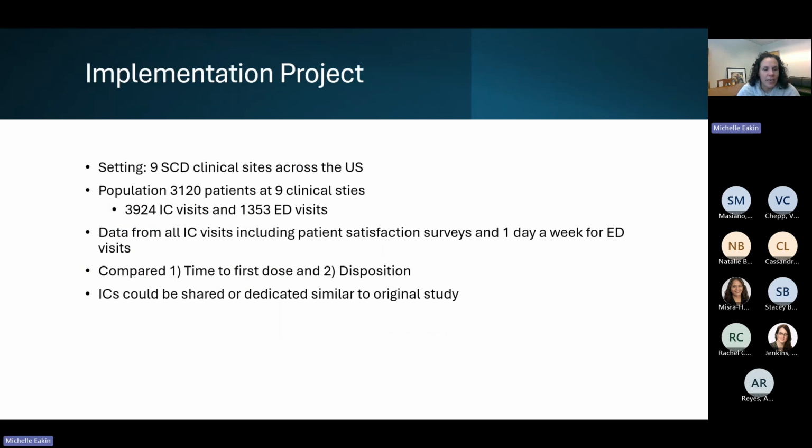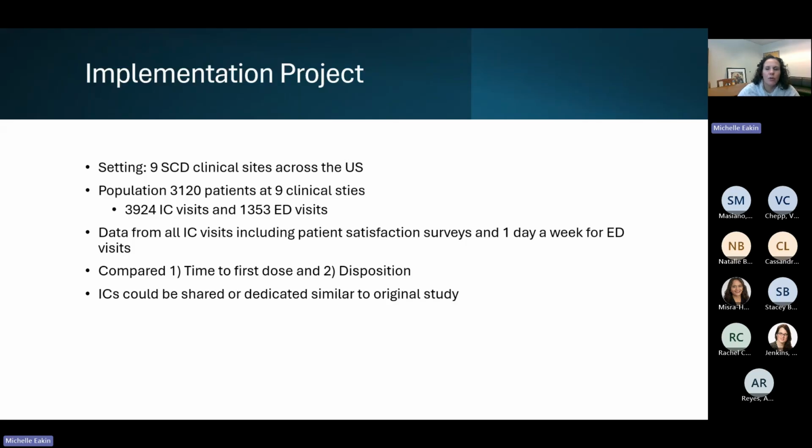This moved towards our implementation project, where we identified 9 sickle cell clinical sites in the US. Over the past 3 years, it involves over 3,000 patients, and we have data on close to 4,000 infusion center visits compared to 1,300 ED visits. I will say the ED data was a randomly selected 1 day a week.